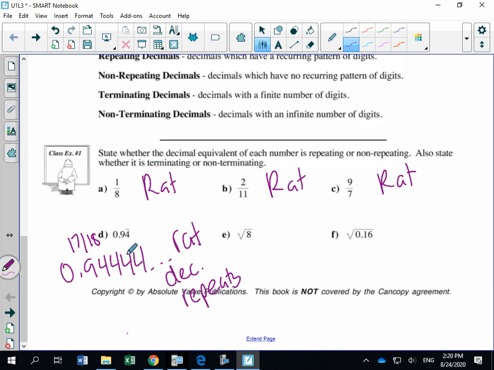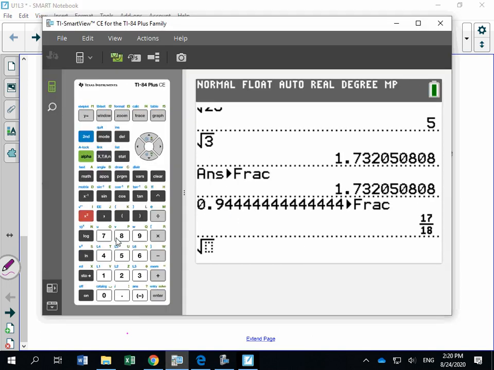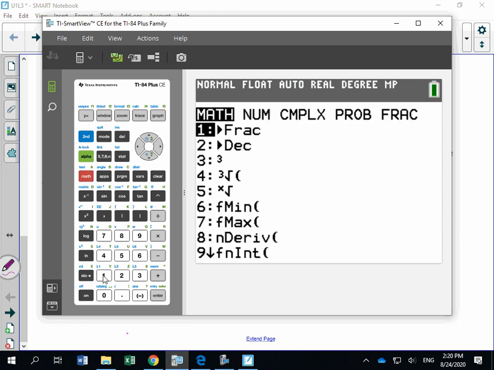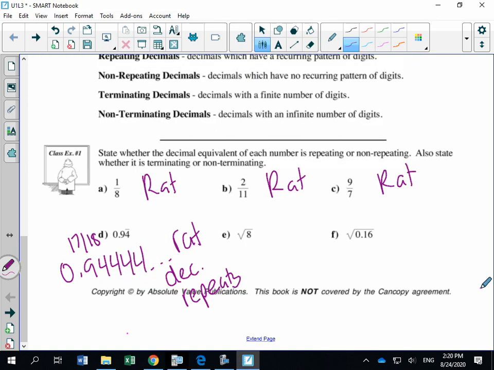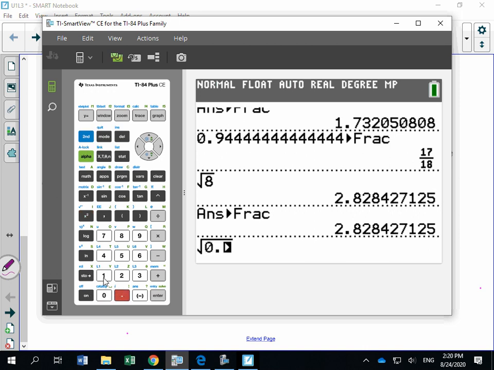Square root of 8. It looks like it never terminates or repeats. Let's check. Math 1 fraction. It does not go into a fraction. This guy is irrational. Square root of 0.16.